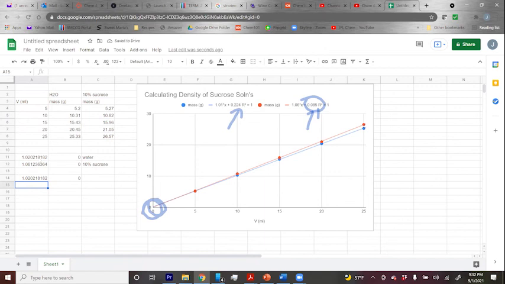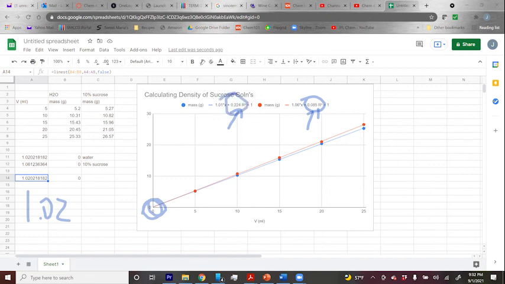So now what comes out is the new slope and the new y-intercept. So the new slope, instead of 1.01, is now 1.02. And the y-intercept, instead of being 0.224, is now 0. So that is my water, and that tells me that the density of my water, I calculated, is 1.02 grams per mil.